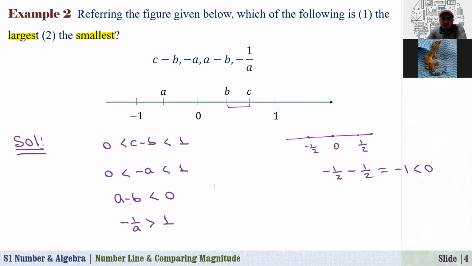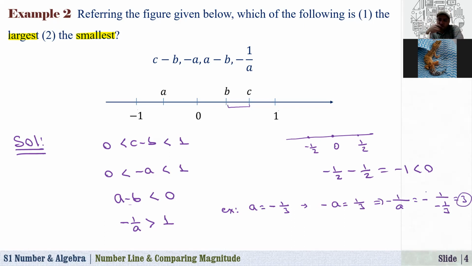Again, just an example: if A equals negative 1/3, then minus A is 1/3, and minus 1/A is minus 1 over negative 1/3, which is equal to 3, because you're dividing 1 by 1/3.